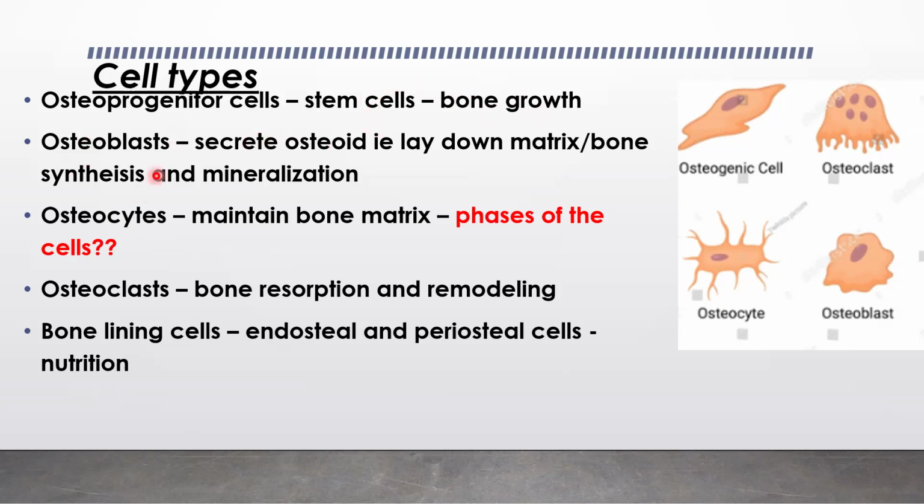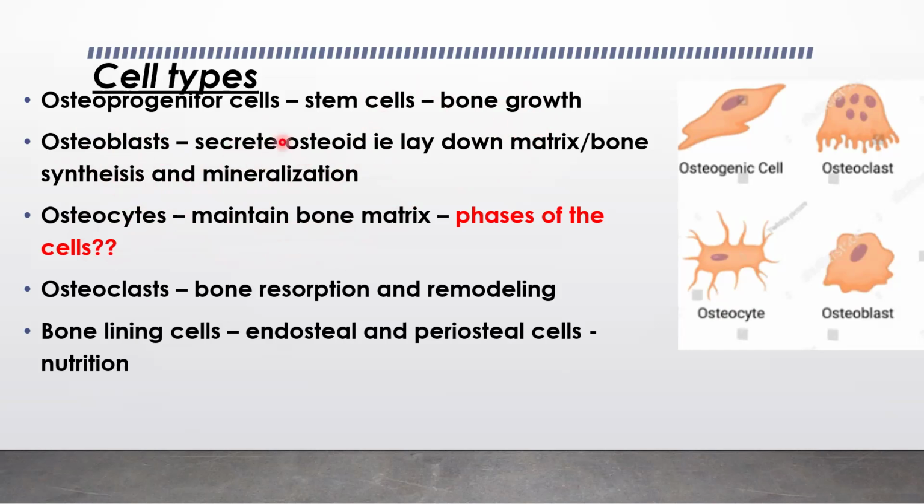Then you have osteoblasts. These osteoblasts are the ones that secrete osteoid. So they are in charge of bone synthesis and bone mineralization. In simple terms, the osteoblasts lay down matrix. Then the osteocytes maintain the bone matrix.